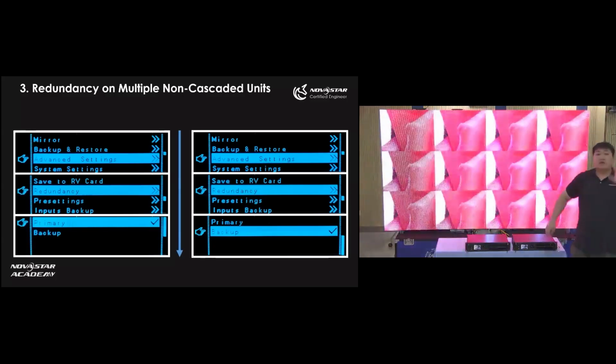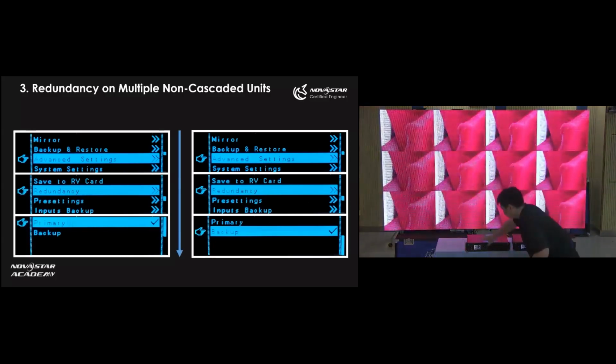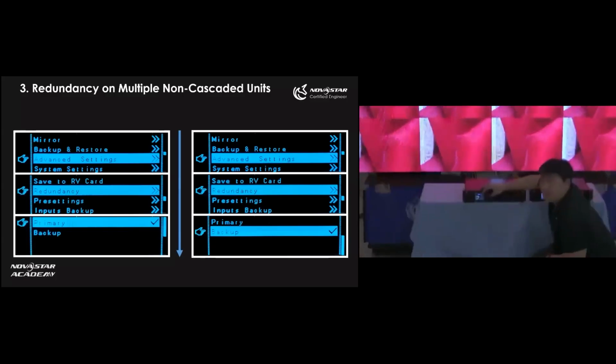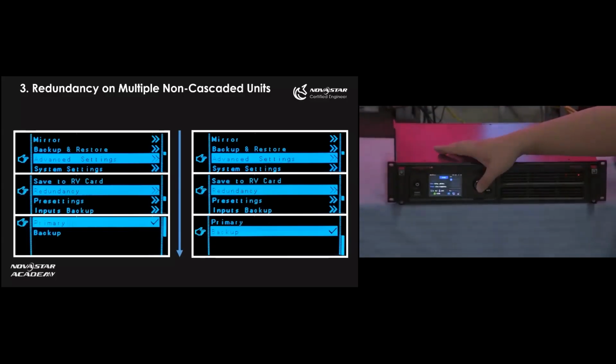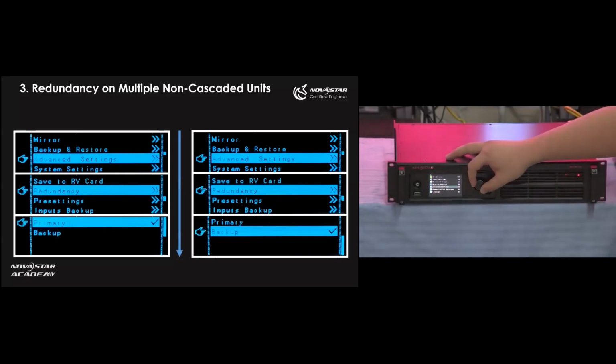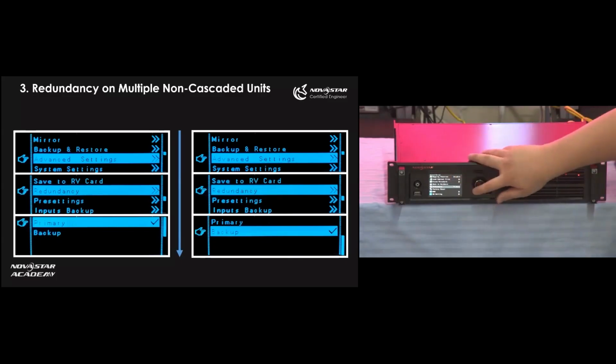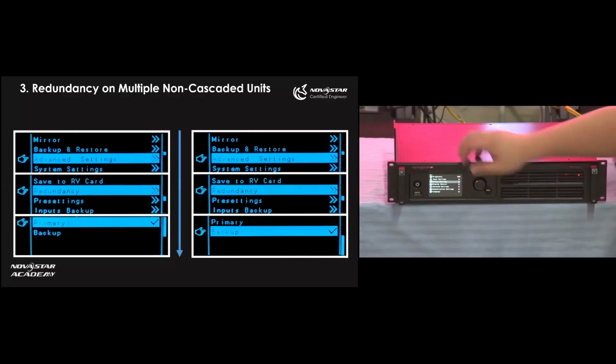So the first thing we have to do is go through the menu, press the knob here and move to the advanced settings. Make sure that redundancy works as primary, and then we go to the screen settings and give a quick configure.